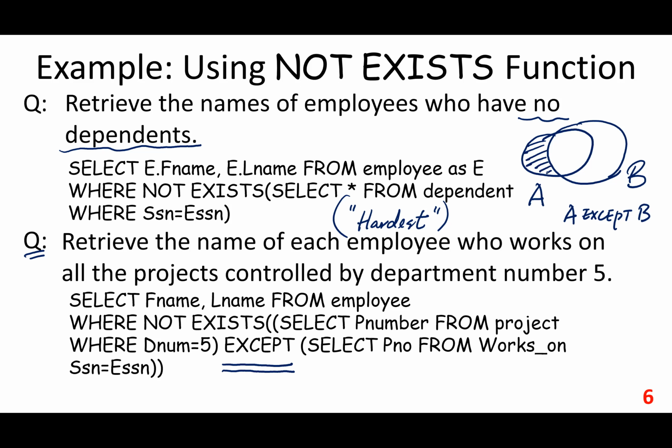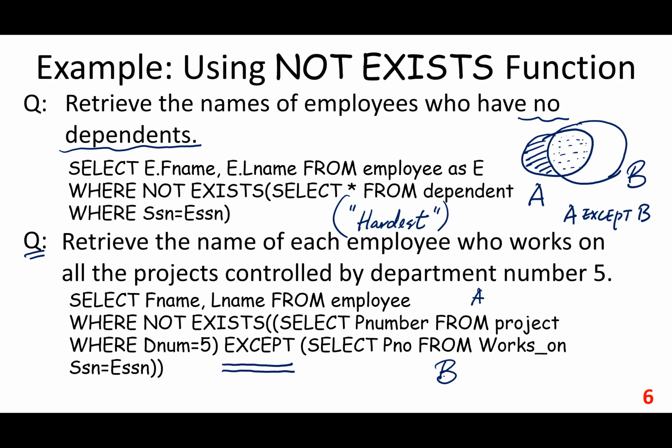It must be in A set, and we remove the part that belongs to B set. So that's the meaning. So now A and B, two parentheses, the A part and the B part.